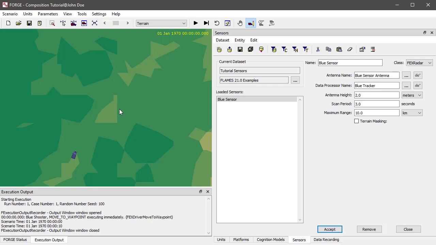So that's the overall flow. Sensor models do mathematical calculations to figure out what this particular type of sensor in the real world would really be able to see. That can be done very accurately, with ground clutter and multipath and all kinds of stuff like that. Or it could be done very simply, as is done in this particular sensor model that we're going to look at. It's just pure geometry with terrain that we consider.